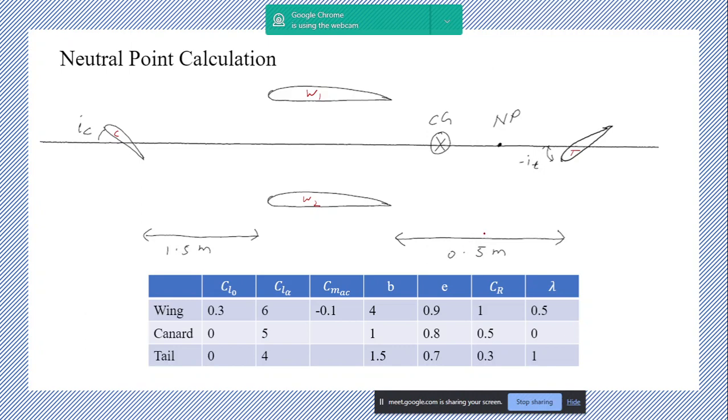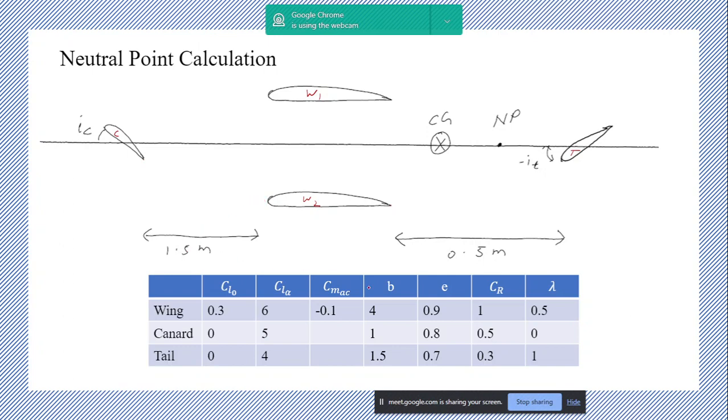Okay. Yes. This is trailing edge, right? Trailing edge of the wing to leading edge of the tail. Okay, and this is trailing edge of the canard to leading edge of the wing.